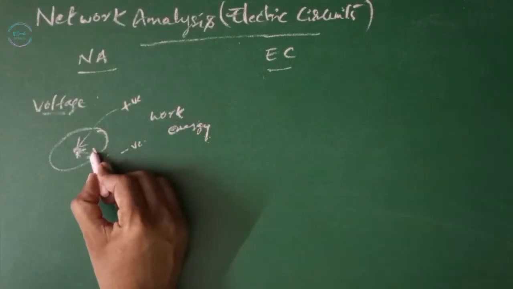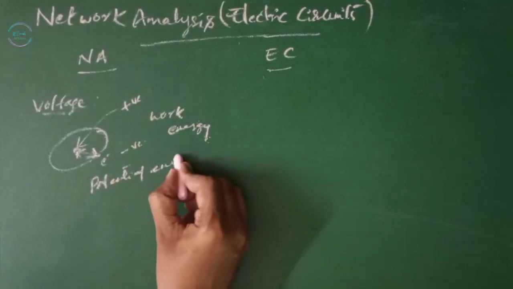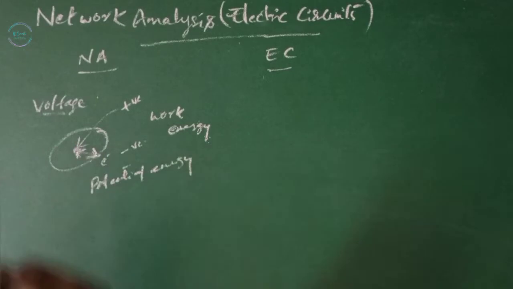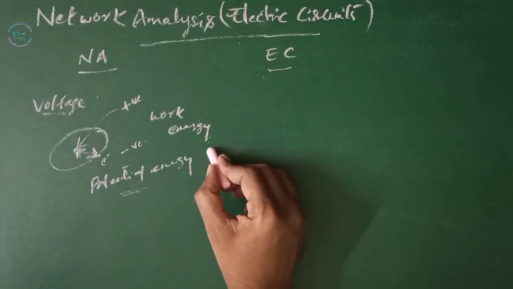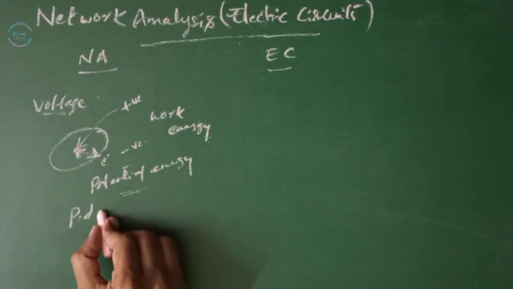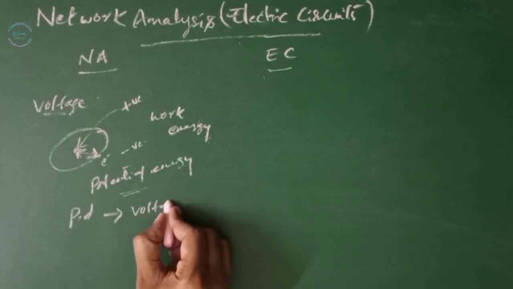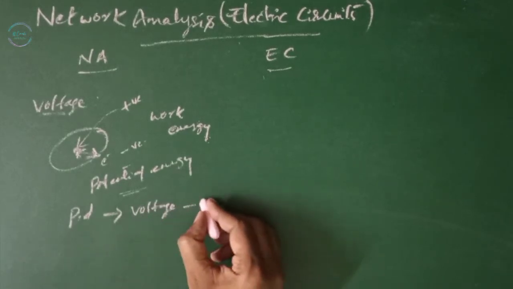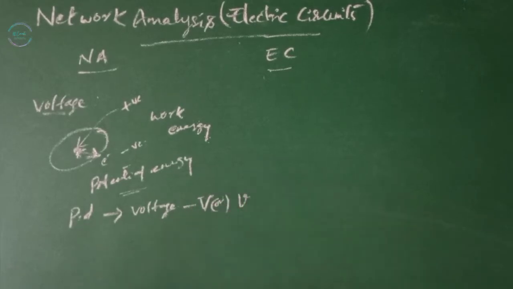Each charge has some potential energy since they are separated by some distance. The difference in potential energy is known as potential difference. In electrical terminology, potential difference is known as voltage, and it is represented by the letter capital V or small v.